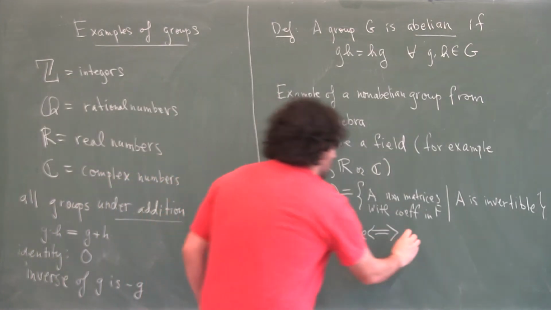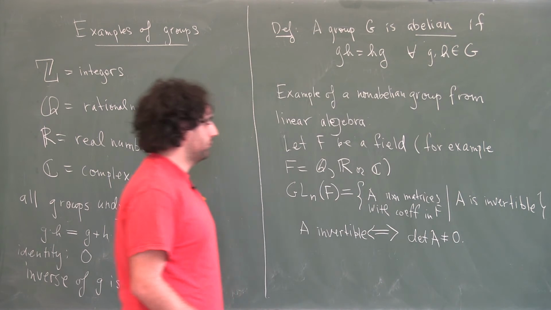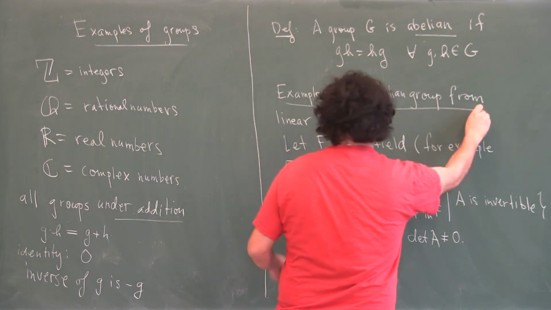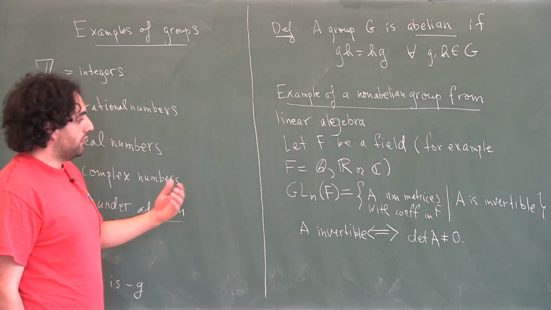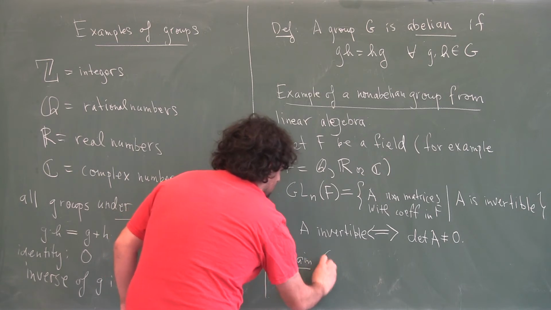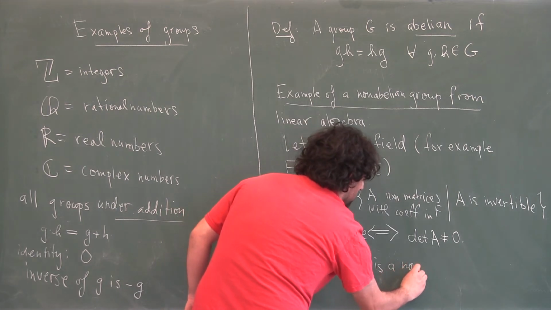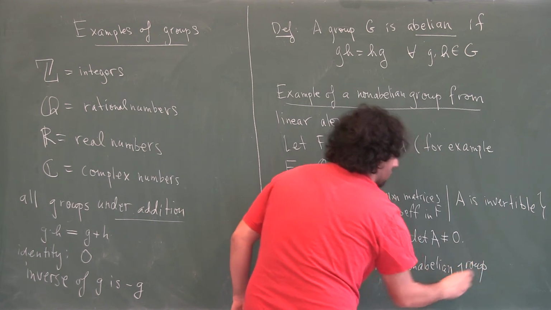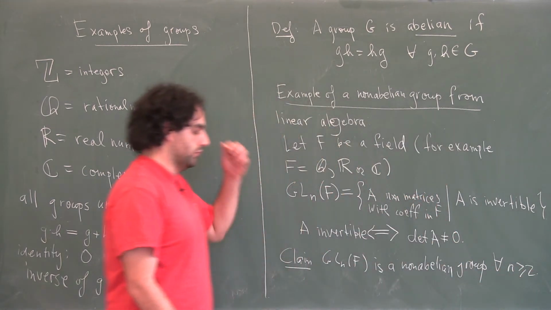It's equivalent to saying that the determinant of A is non-zero. And now what I claim is that GLN of F, so in particular GLN of Q, GLN of R, GLN of C, these are non-abelian groups. GLN of F is a non-abelian group once n is at least 2.